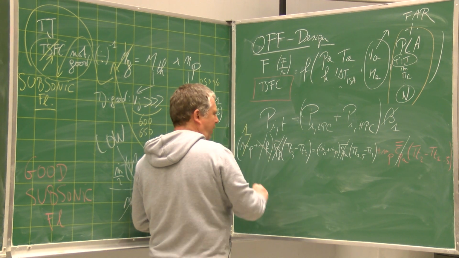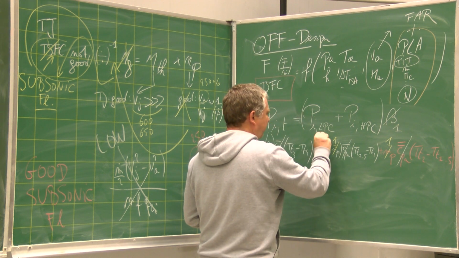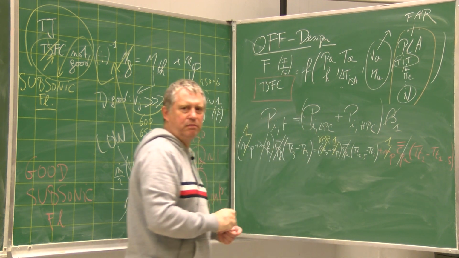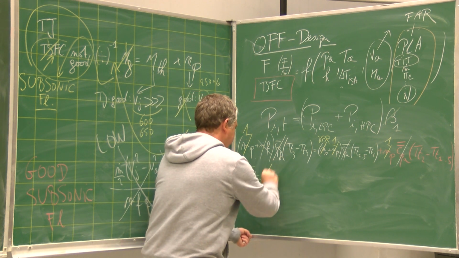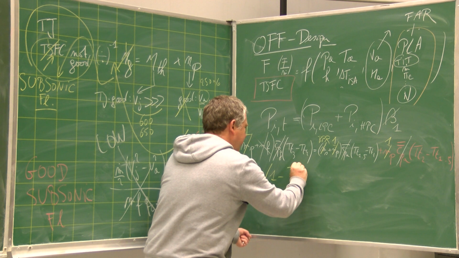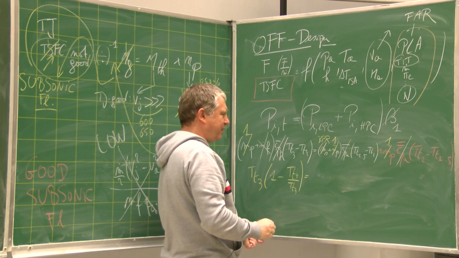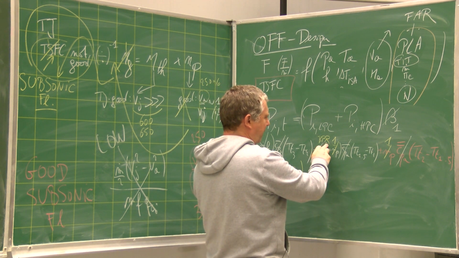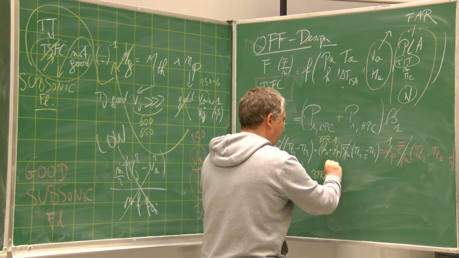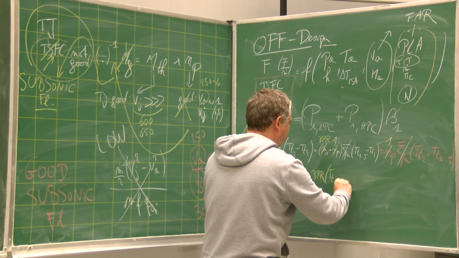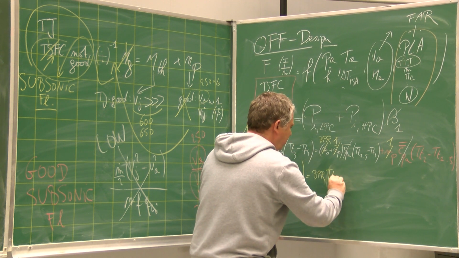So here I have 1, here I have 1, here I have 1, and here I have the bypass ratio. And I put here Tt3 in evidence. So I have 1 minus Tt4 divided by Tt3 is equal to what? You see that I have the bypass ratio, multiplied by Tt1.5 minus Tt1, and I put Tt1 here.